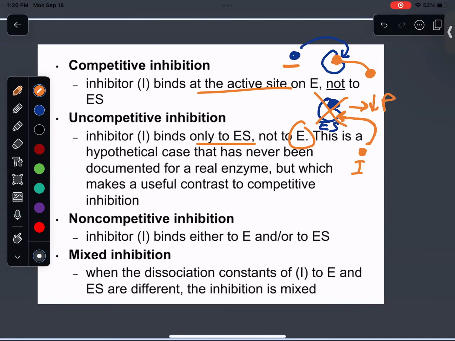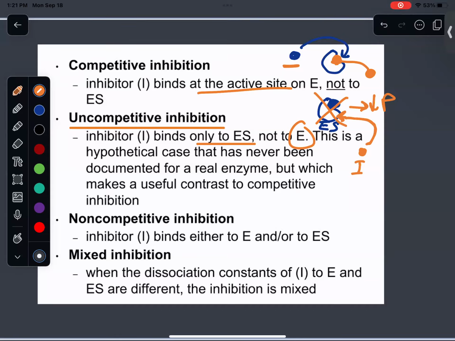Okay, now this is a very hypothetical scenario. Uncompetitive inhibition doesn't really happen in real life. We haven't actually documented an enzyme that does this, but it's going to be on your MCAT, if you're taking the MCAT or your DATs or anything similar proficiency exams.